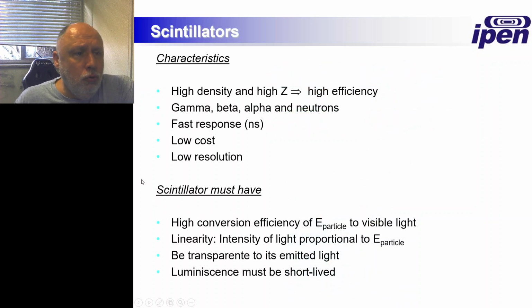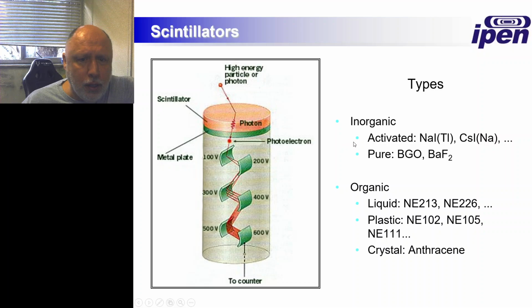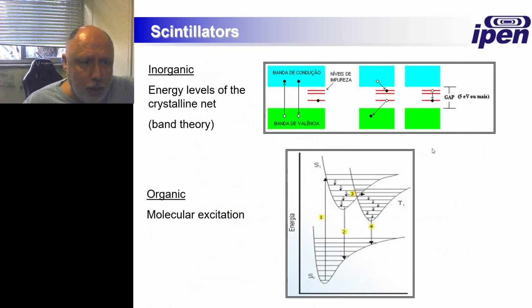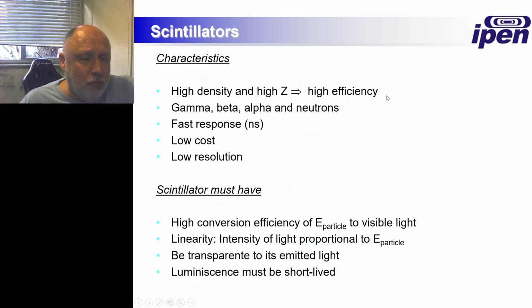Especially for the inorganic detectors, when I talked about inorganic, we said iodine, cesium, bismuth, barium, everything very high Z, meaning it has very high efficiency for gamma rays, for instance. But they can be used for gamma, beta, alpha, and even neutrons.